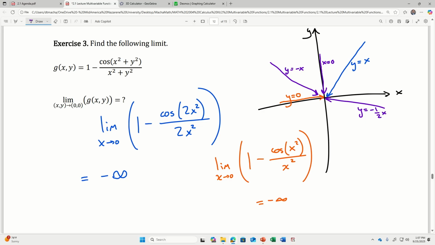There's infinitely many choices that you could choose to approach this point in the xy plane. Infinitely many different paths. So the problem is this: if I were to ever find a limit besides negative infinity, when I do this approach of just taking different paths and finding a limit, if I ever found anything besides negative infinity, then the limit doesn't exist.